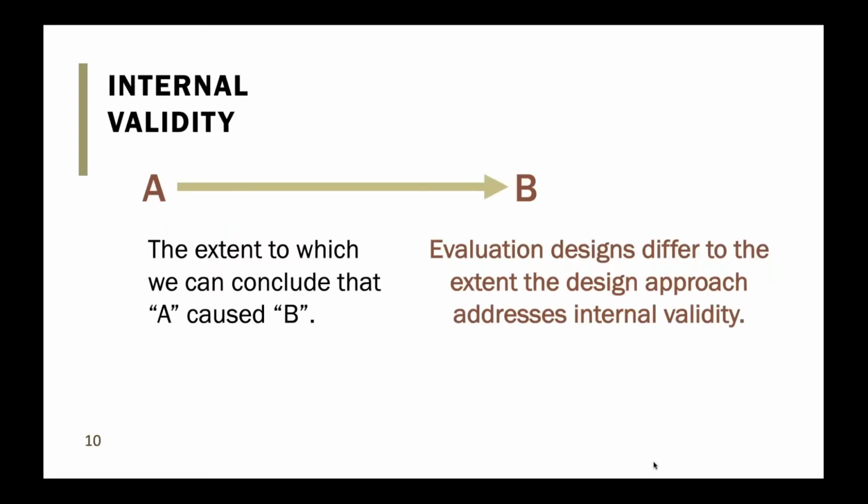And then we also talked about the fact that these design approaches really vary in the extent to which we can conclude that A caused B, or the extent to which they are able to effectively address internal validity.